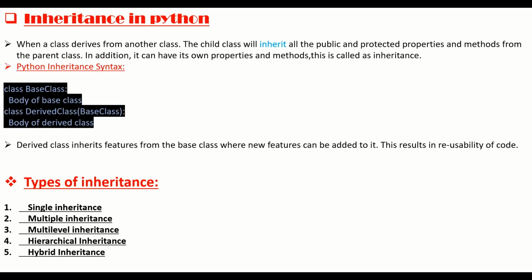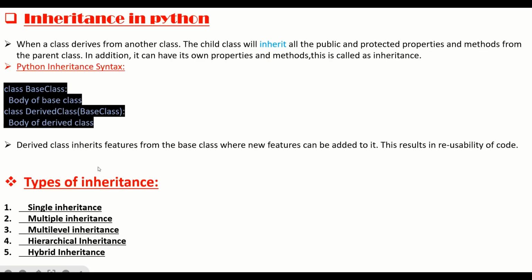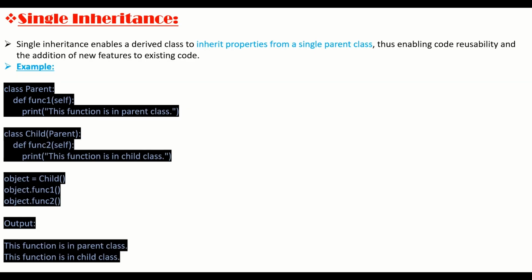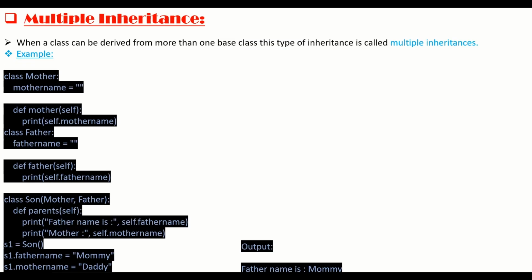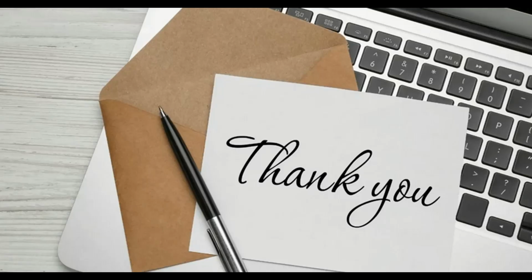And we also know what inheritance is. This is a very important topic. How many types of inheritance? These are the types of inheritance: single, multiple, multi-level, hierarchical, hybrid. And this is single inheritance, and this is multiple inheritance. And what is polymorphism?